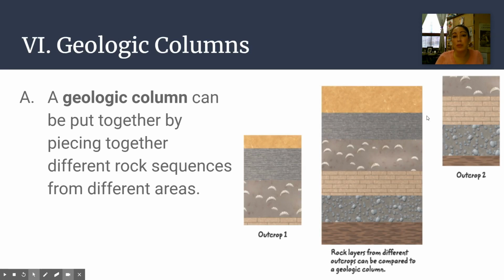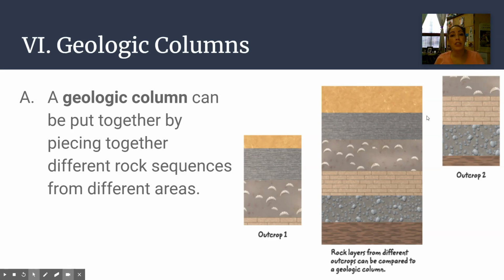Sometimes we'll find rock layers in different parts of the earth that are not the complete picture. This is what we call outcrops. So you might find an outcrop of rock over here that's got layers A, B, C, D, and E. Then you might find an outcrop a couple miles away that's got C, D, E, F, and G. Well, I can use the information that I know, put those pieces of the puzzle together, and then I get a little bit more of a complete picture.